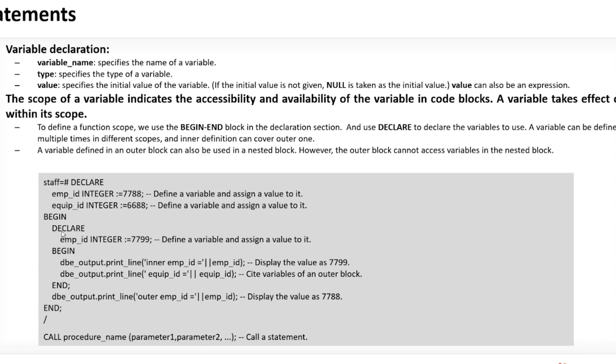And also we declare it again in the inner block and specify another initial value. So when we try to print the value of employee ID in the inner block, we display the value that is assigned in the inner block. But when we try to print that in the outer block, we just print out the value that is assigned in the outer block.